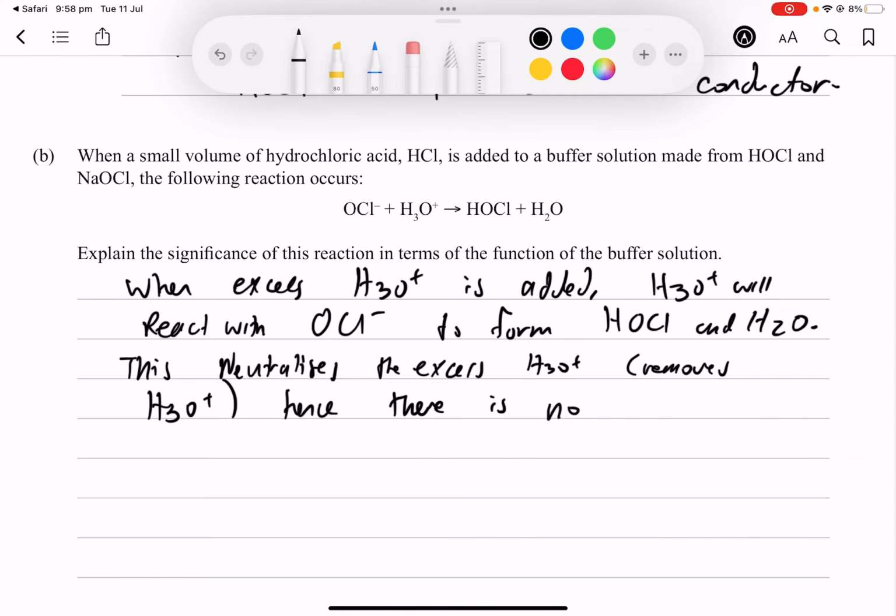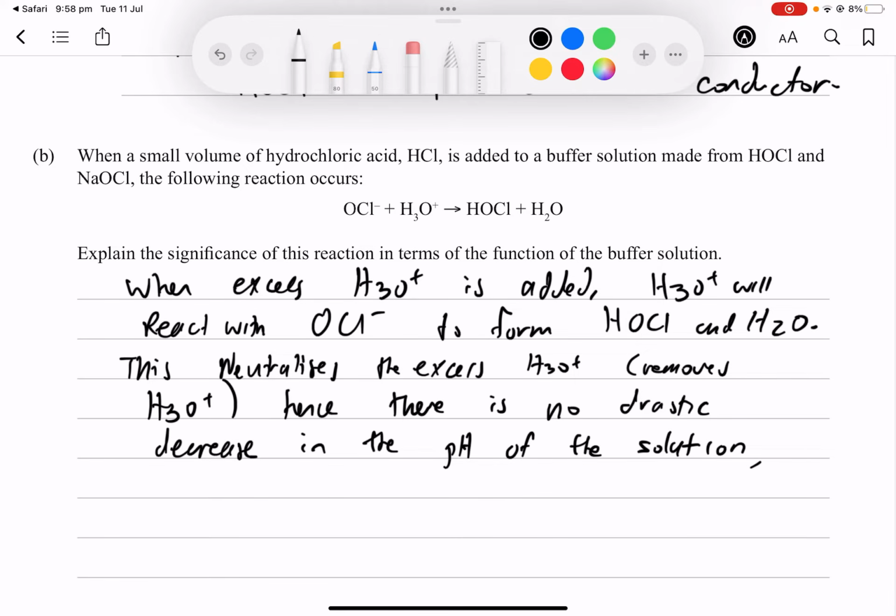There's no drastic decrease in the pH of the solution.